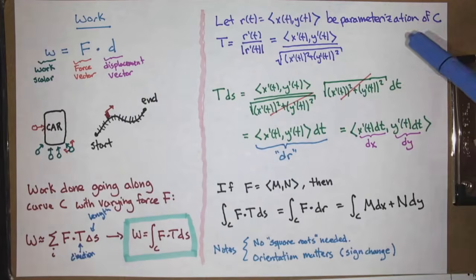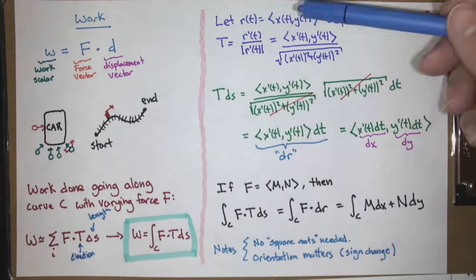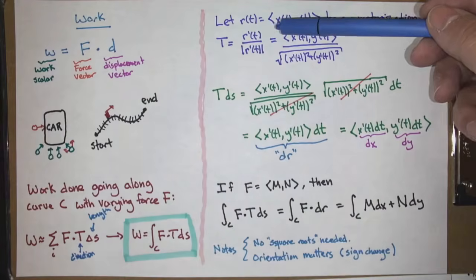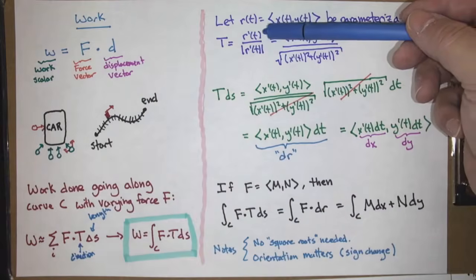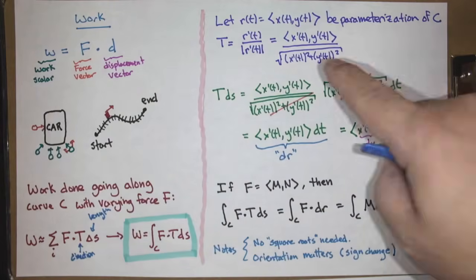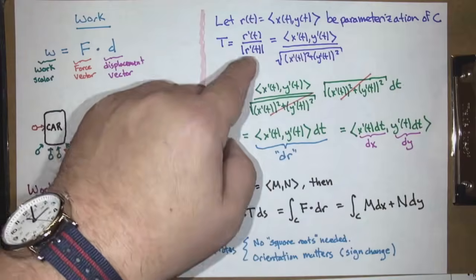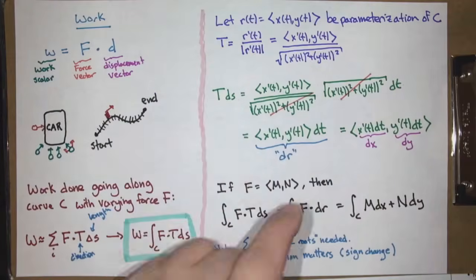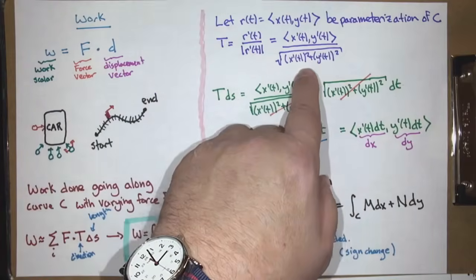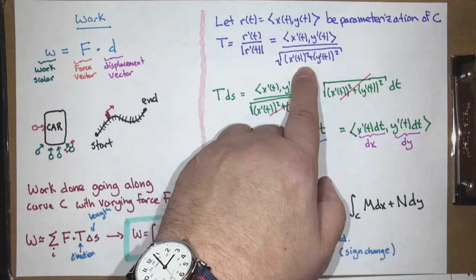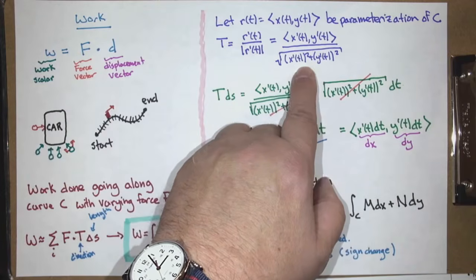Most of this is just a reminder. What is T? Well, it's the unit tangent vector. The derivative of your curve, that is your direction of motion. To make it a unit tangent, you normalize it or scale by the magnitude. And at this point, you're like, no, not another square root. How many square roots do we have to endure?